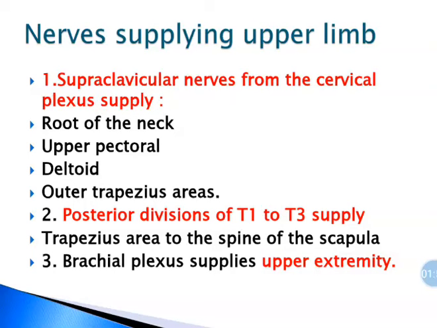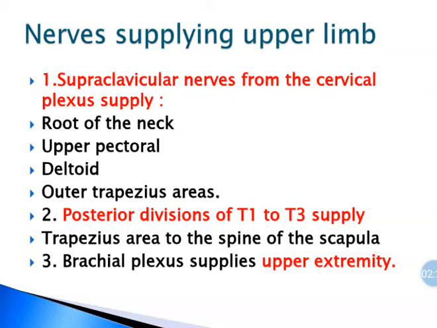Then coming to nerve supplying the upper limb, that is the different regions supplied in the upper limb. First, in the neck region, we have supraclavicular nerves. And these take origin from cervical plexus.